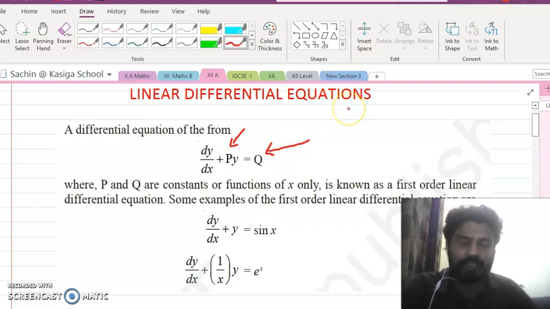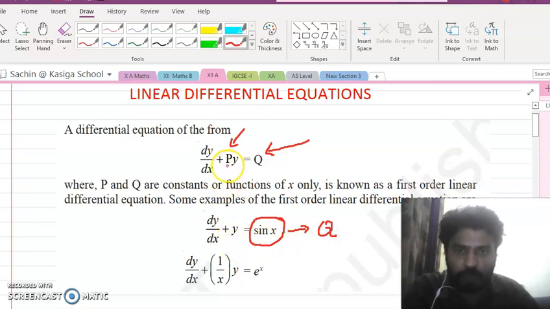So now we have some examples of linear differential equation. As you can see over here, dy of dx plus y is equal to sin x. So here sin x is q, and p is the coefficient of y.